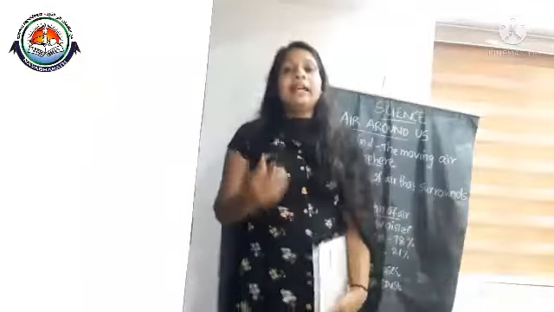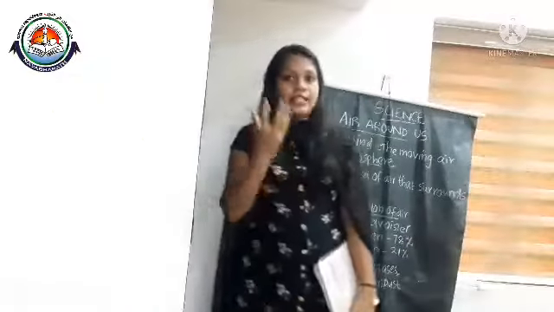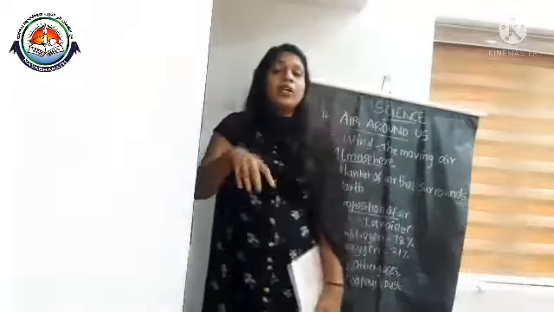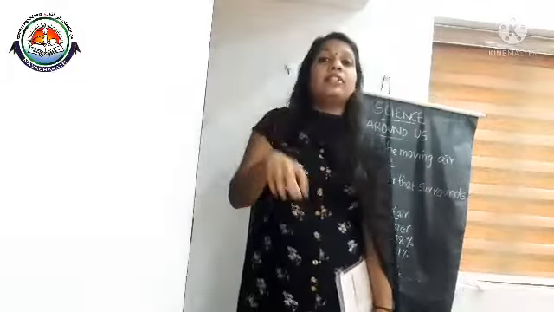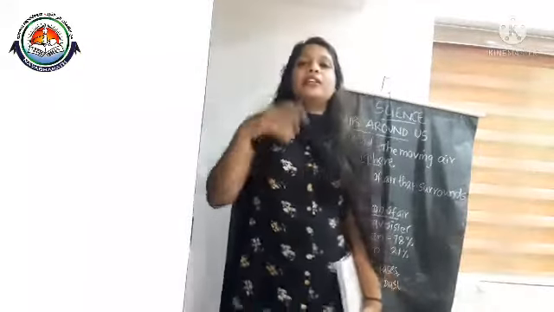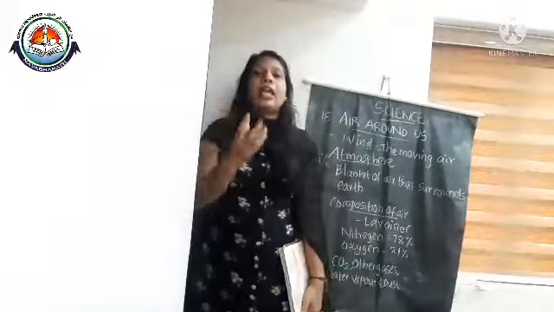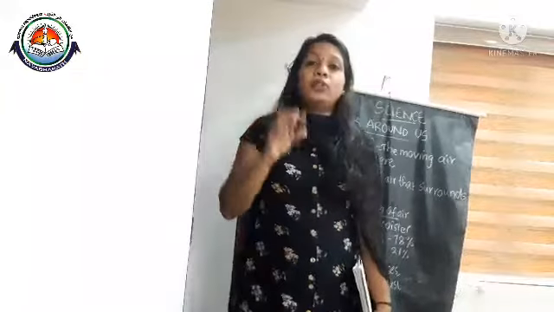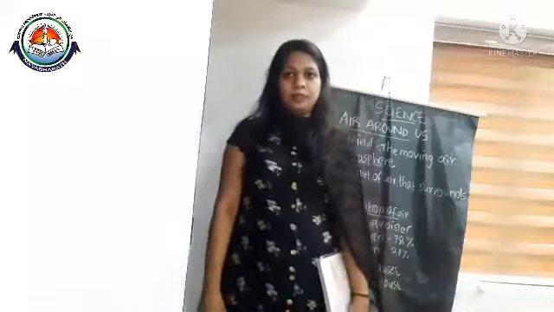Here is the picture. In that we need a vessel containing water and a glass. Invert the glass and dip it into the water, and what we can observe is that water will not enter into the glass. Why? Because the glass contains air in it, so the water cannot enter the glass.